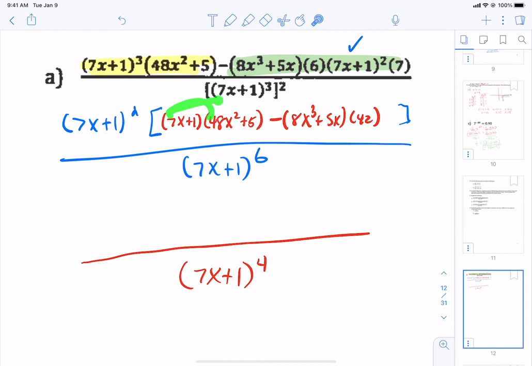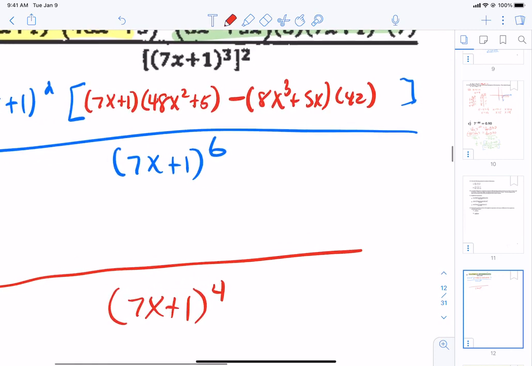And so let's actually FOIL and make this a lot nicer than it was. So when we FOIL, distribute, whatever, we're going to take the 7x and distribute it. So 7x times 48x squared is 336x cubed.